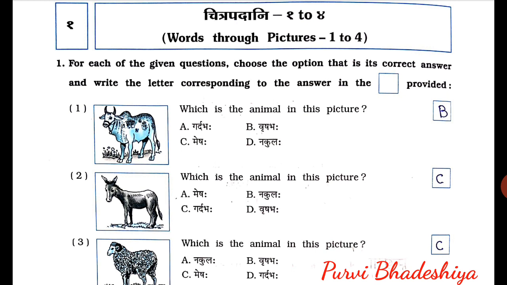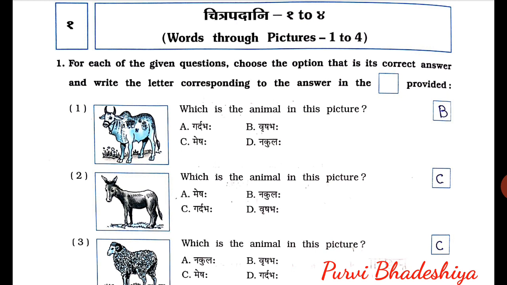So, very first question is, which is the animal in this picture? And the answer is B. Vrushabha. B. Vrushabha. Second one, which is the animal in this picture? And the answer is C. Gardhabha. C. Gardhabha.